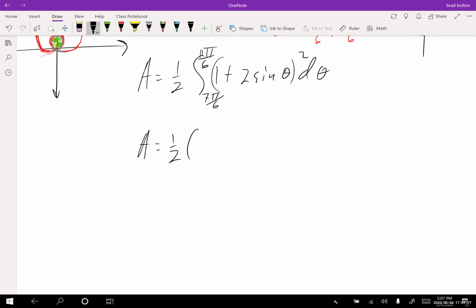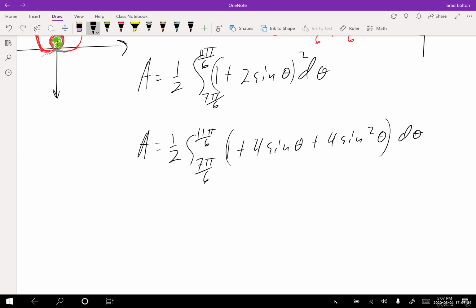Now we got to FOIL this out just like always. So this would be 1 plus 4 sine theta plus 4 sine squared theta d theta. So area equals 1/2 times the integral from 7 pi over 6 to 11 pi over 6.